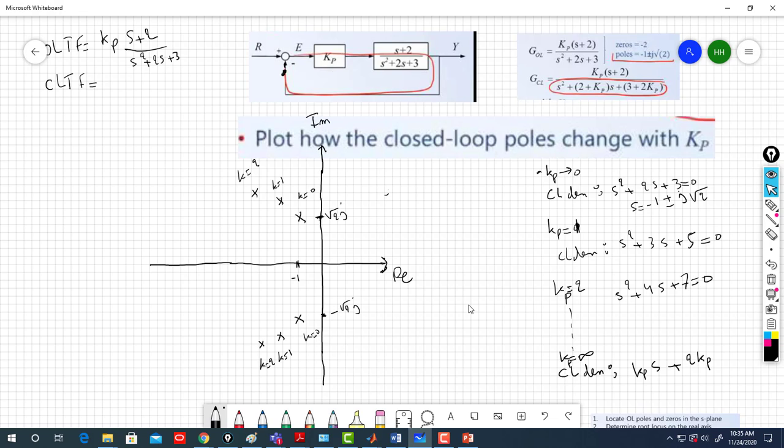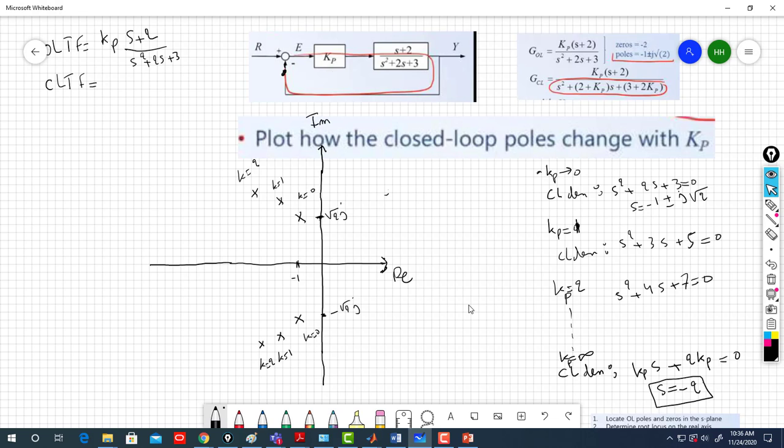So I keep it this way. Then, if this is equal to 0, we neglect s square because it's multiplied by 1. So here, it will give me s equal minus 2.